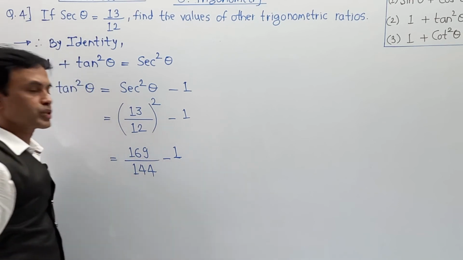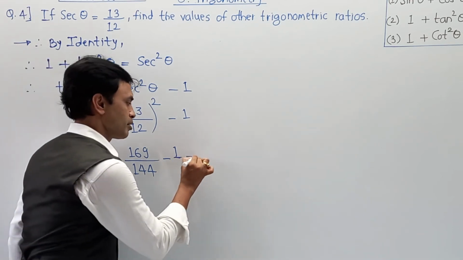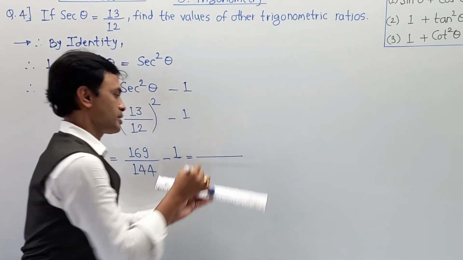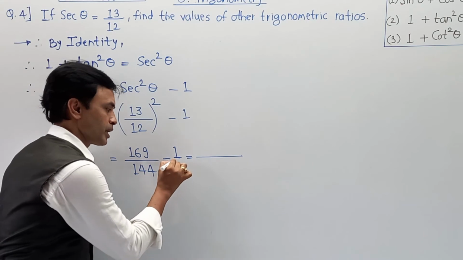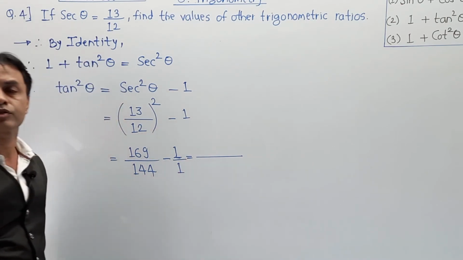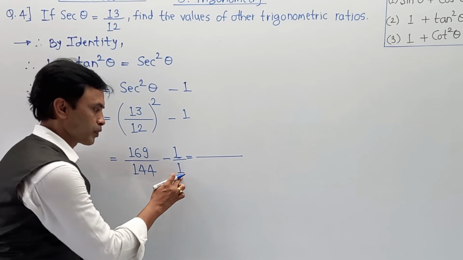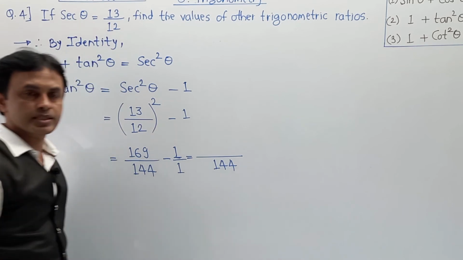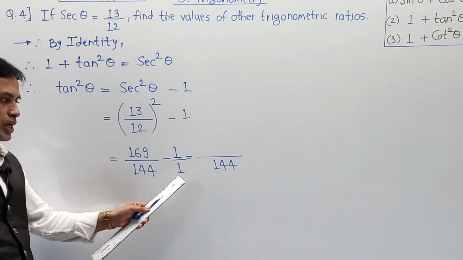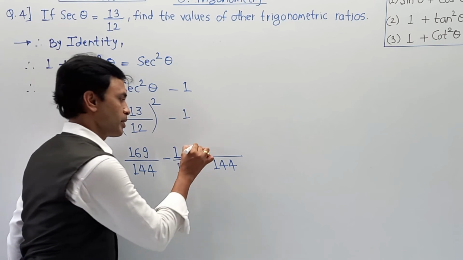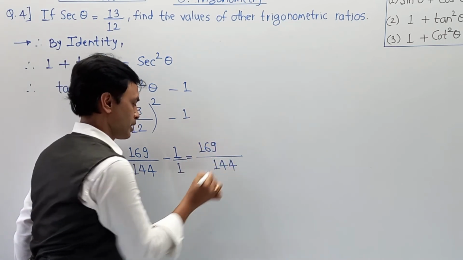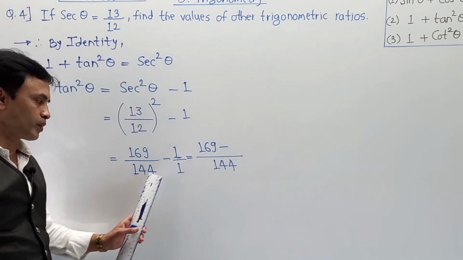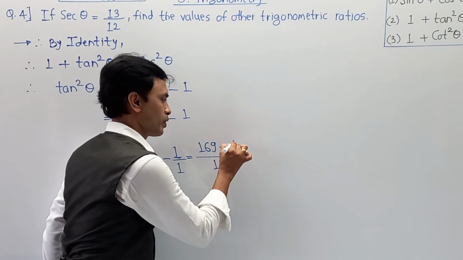And from here onward we have to start the calculation. Here I am going to take a common base. If there is no base, I can write the base as 1, so we can have a simple calculation. 144 into 1, base becomes 144. Now 1 into 169 becomes 169. Here the middle sign is minus, so minus, and 144 into 1 becomes 144.